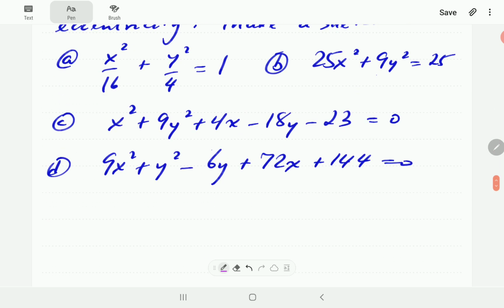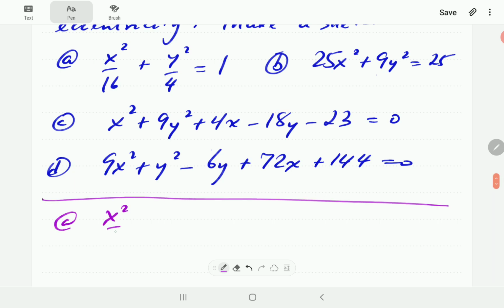All right, so in A, the equation is already in standard form anyway, so we just need to read off a squared and b squared and find c. Remember, a squared is always the bigger one, so this is a squared here. So a is equal to 4, b is equal to 2.